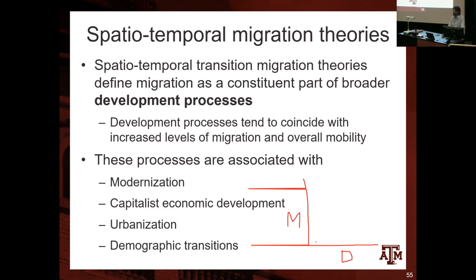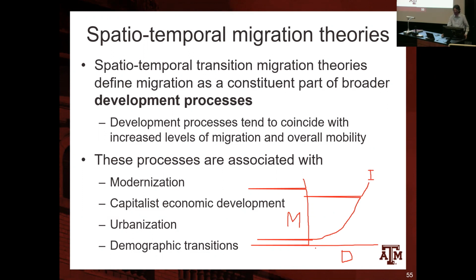If a country has higher development, it will attract more people, and so migration will tend to increase as development increases. So this is immigration, or in-migration if you're talking about internal migration.